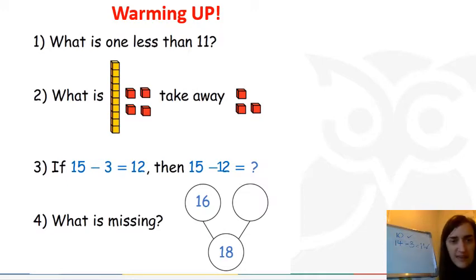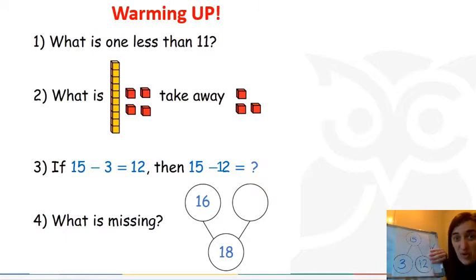Okay, question 3. If 15 take away 3 equals 12, then what is 15 take away 12? Well, boys and girls, they're in the same fact family, so let's have a look at this part whole model. 15 is the whole. Remember, the whole is always the biggest number. And one of my parts is 3. 15 take away 3 equals 12.